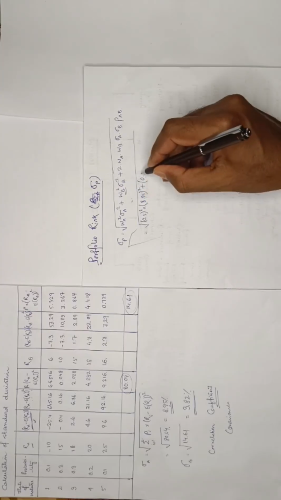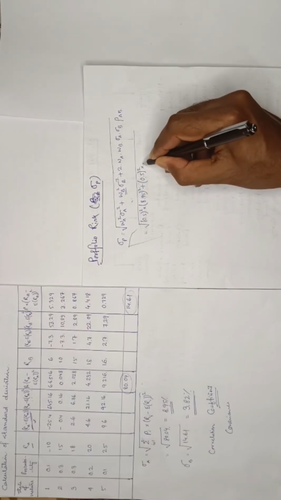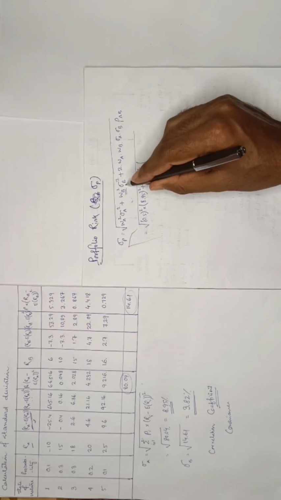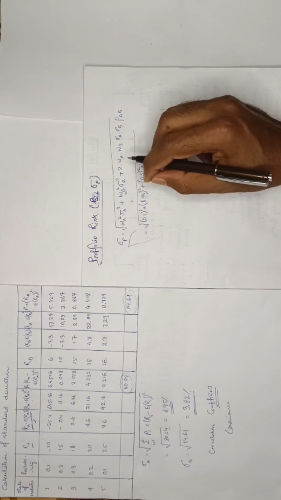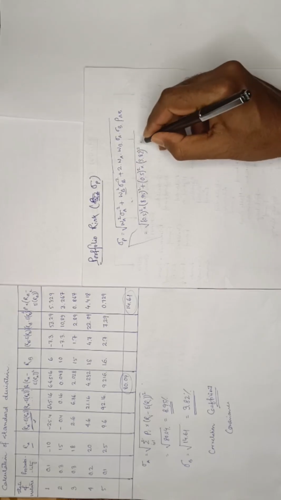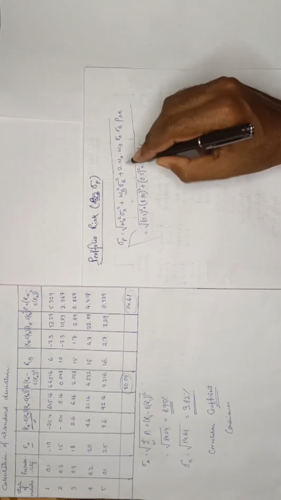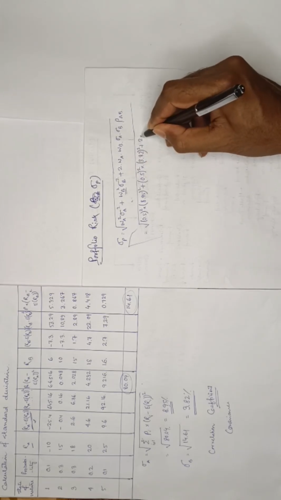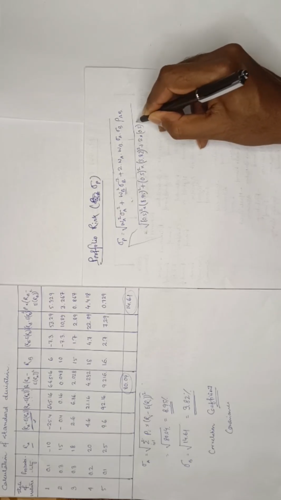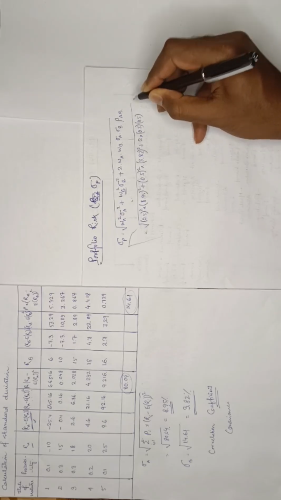Similarly, the weight of asset B is 0.5, and the standard deviation, or sigma squared of B, is 3.82 squared. Then 2 times the weight of security A, 0.5, and the weight of security B, 0.5.